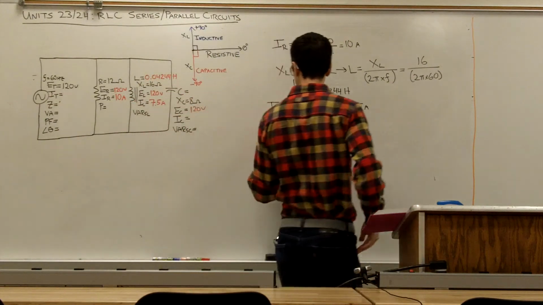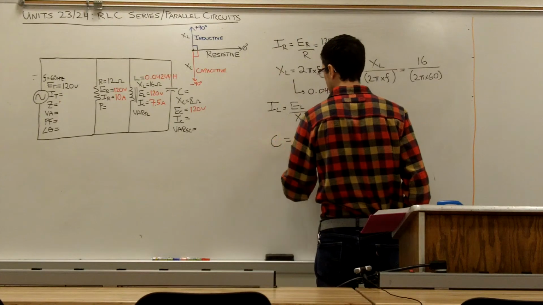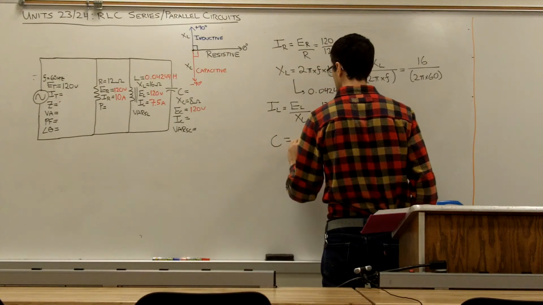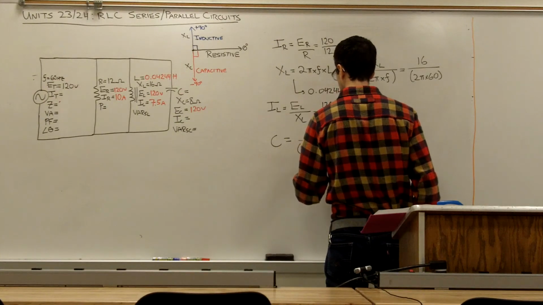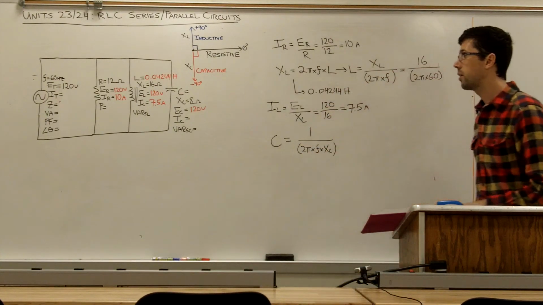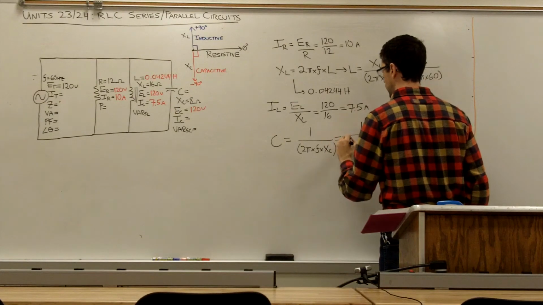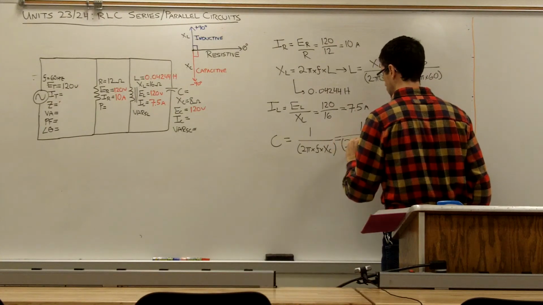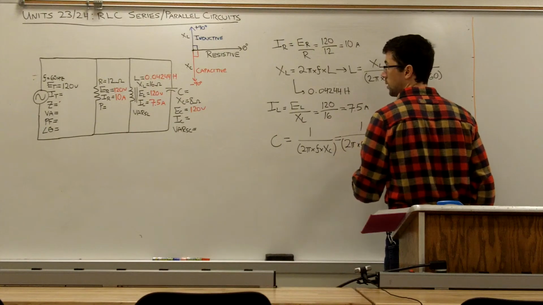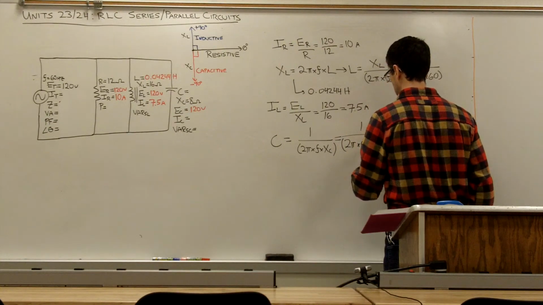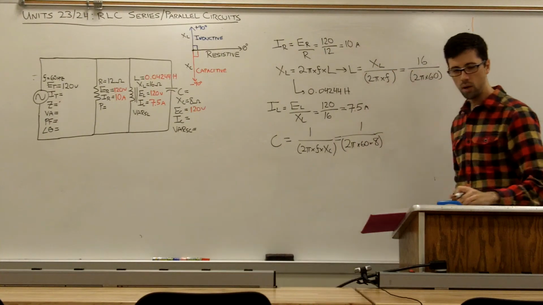Next, the capacitor. Capacitance C is equal to 1 divided by 2 pi times your frequency times the capacitive reactance. So that is 1 divided by 2 pi times 60 times a capacitive reactance of 8 ohms.